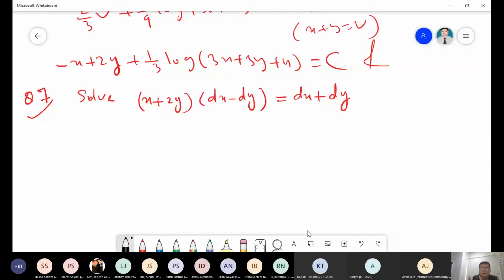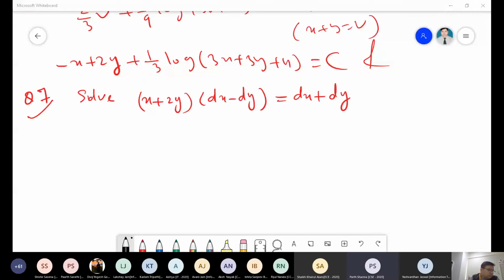Anyone who got the answer? Sir, v plus 4 log (3 minus 3v). Yashvardhan, tell me the answer, please. Sir, 2y minus x plus 4 log (3x plus 6y minus 1) equal to c. Okay, Parth Sharma.